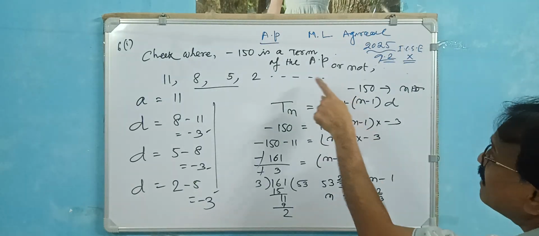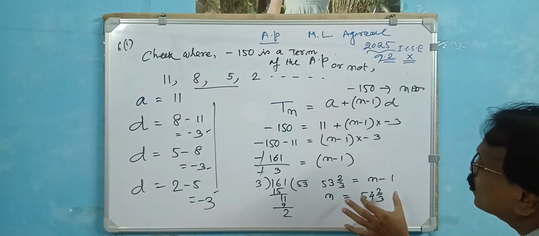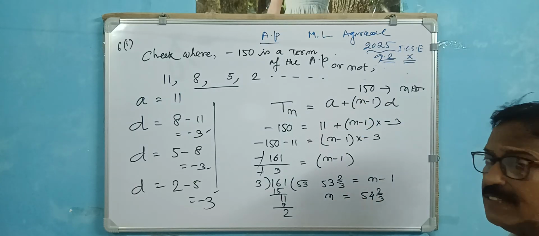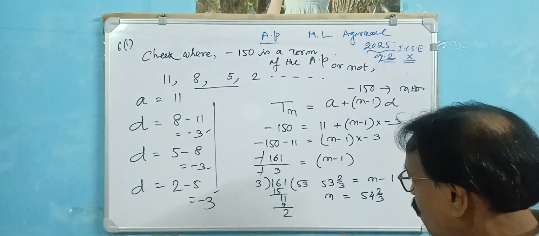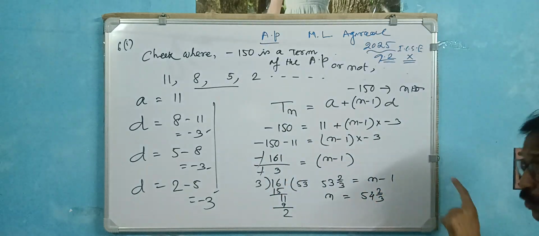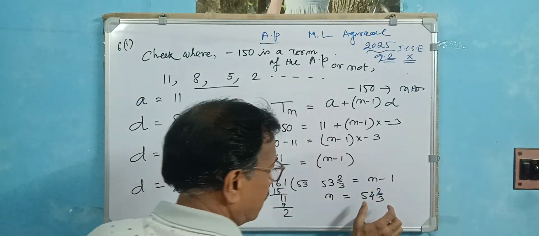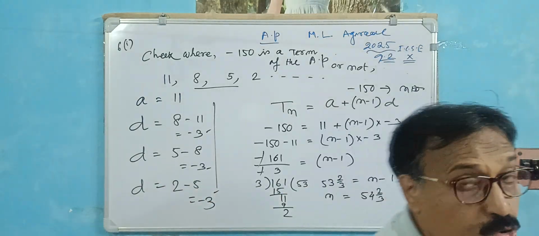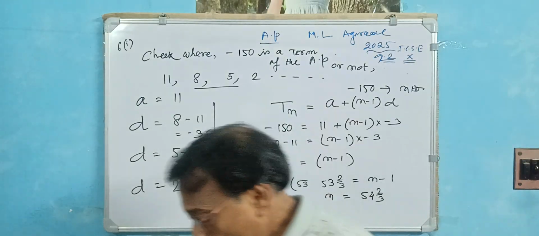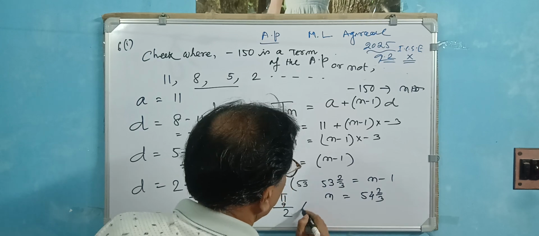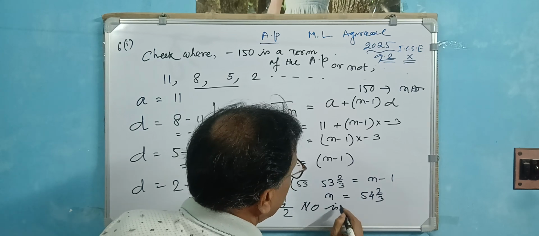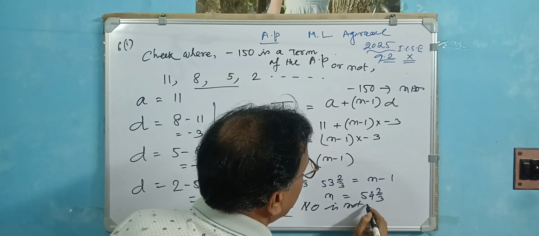Here the term number comes out as 54 and 2 by 3; there is nothing like 54 or 55, but this is not that. This is a fractional part, not a whole number. So it's not a term. So you write no, minus 150 is not a term.